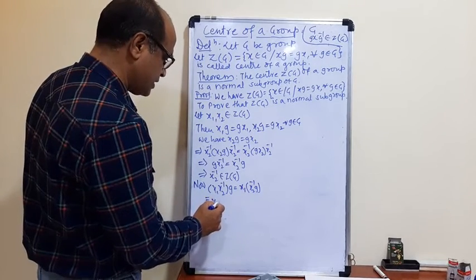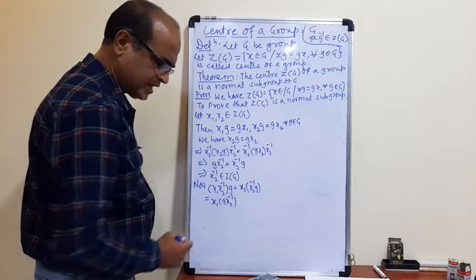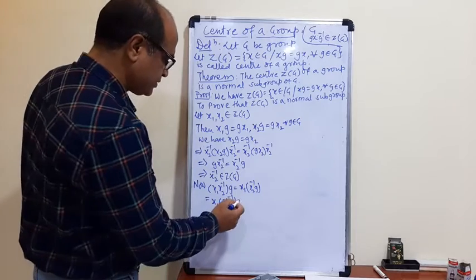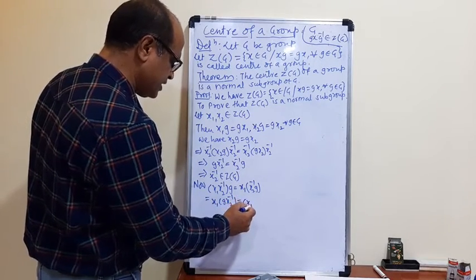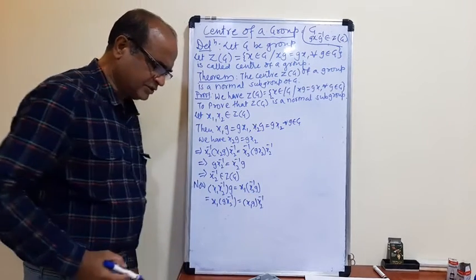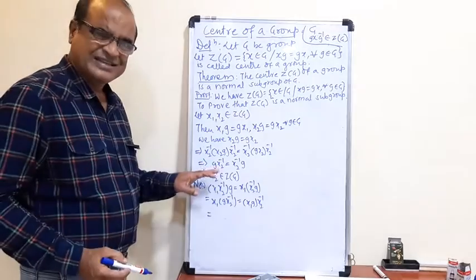This is equal to x1 g by the commutative property, x2 inverse. Then by associativity, x1 g into x2 inverse. This is very simple here.